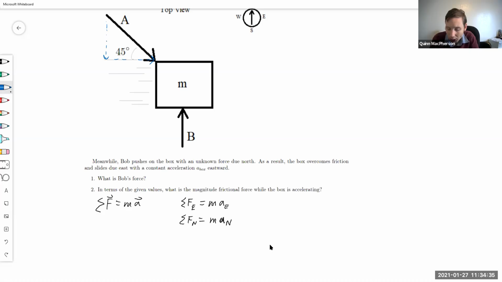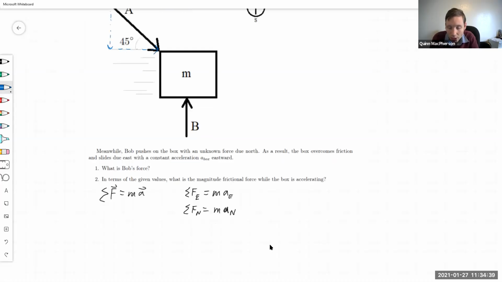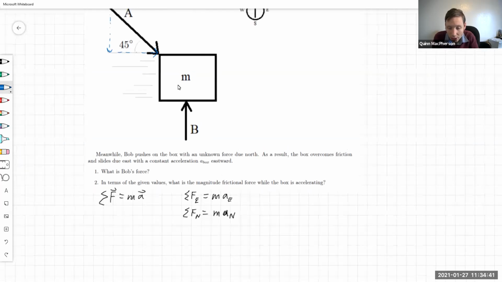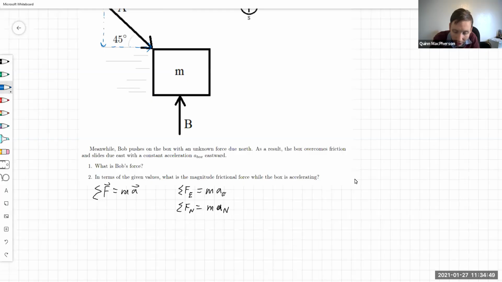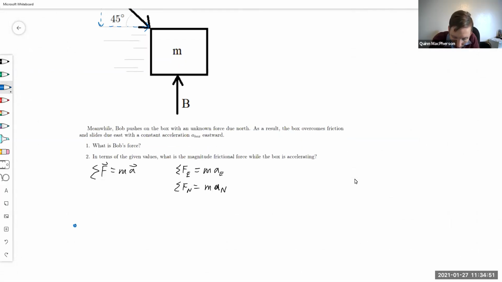I should actually clarify this by drawing a free body diagram. This right here is not a free body diagram. It has the mass in it, and it has forces pointing in. So if I want to draw a free body diagram, I'm going to draw it here.